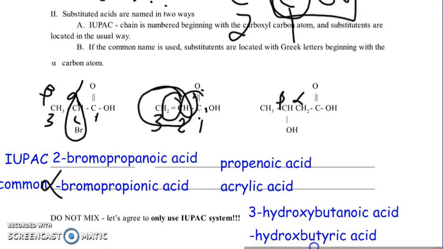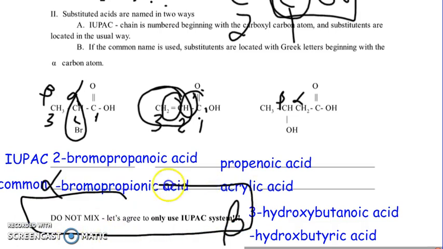So look at the common name: beta-hydroxybutyric acid. Holy cow. For me, I don't know about you, I'm really, really glad we have the IUPAC system. Let's agree to only use the IUPAC. But I did think the common names were kind of interesting.